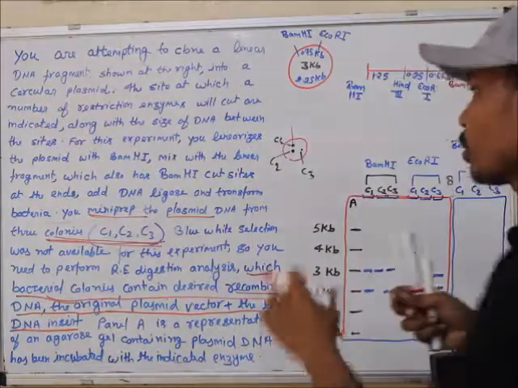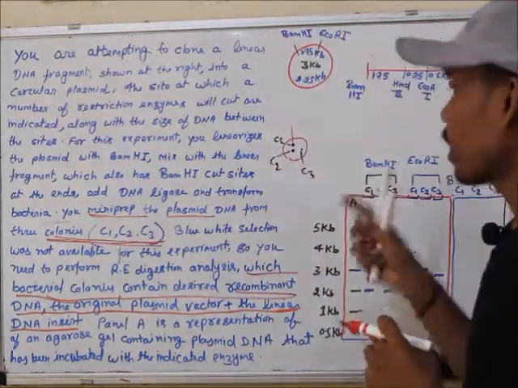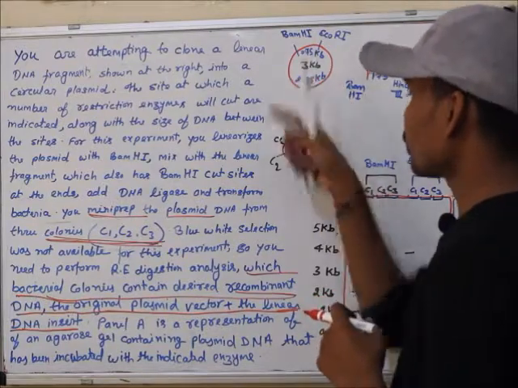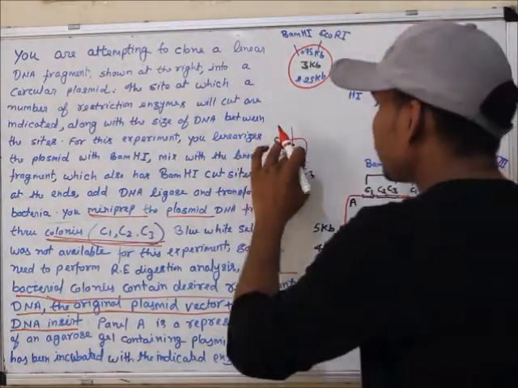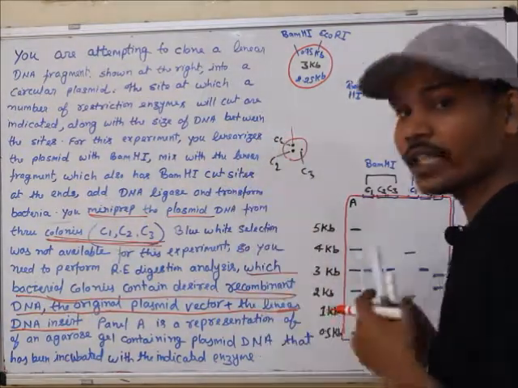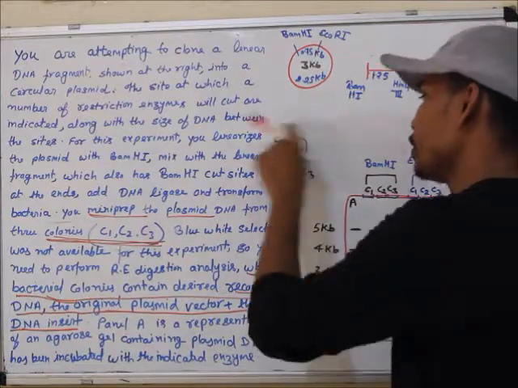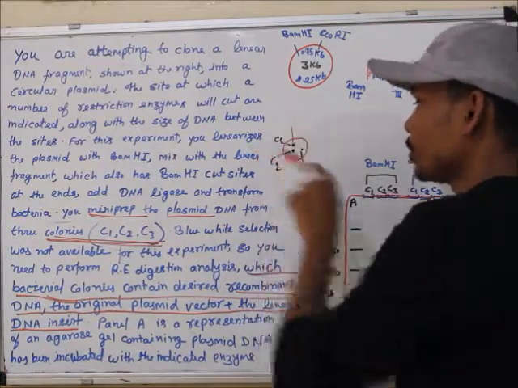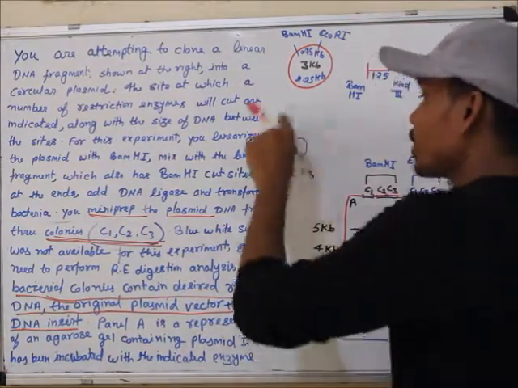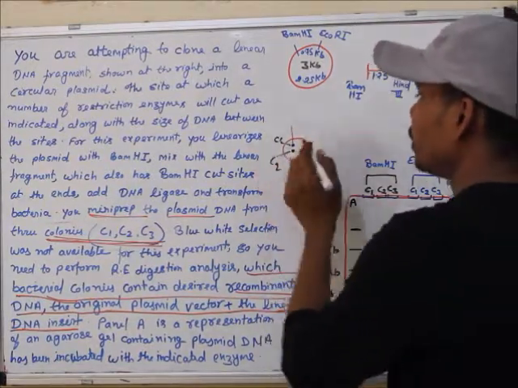After transformation of this fragment into the circular plasmid, these bacteria will be plated, and if these 3 colonies grow, then each colony's plasmid DNA would be isolated separately.